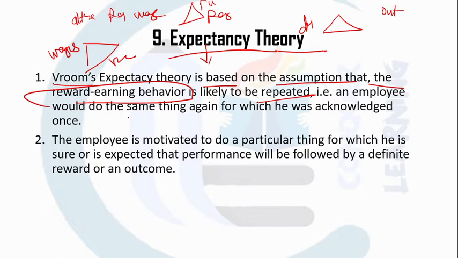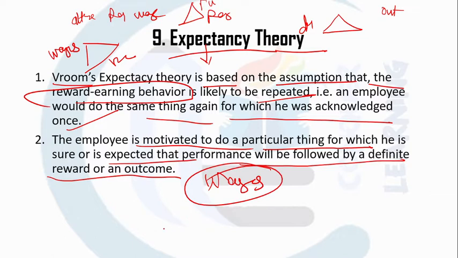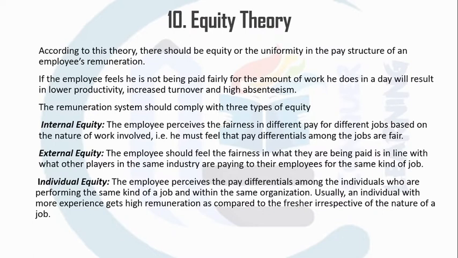An employee would do the same thing again for which he has been acknowledged once. The employee is motivated to do a particular thing when he is sure that performance will be followed by a definite reward or outcome. So you have to create your wages in such a way that they are motivated enough to get those wages. So that is your expectancy theory.